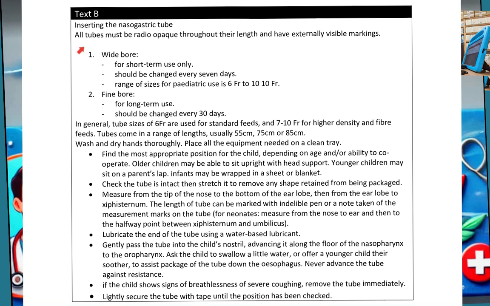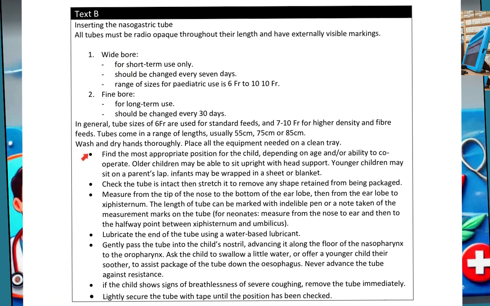Quickly, you can know that this is about tubes because we have: all tubes must be radio-opaque throughout their length and have externally visible markings. Then we have wide bore and fine bore. So this is what they are referring to, all tubes. Therefore you can label here as types of tubes, or different kinds of tubes.